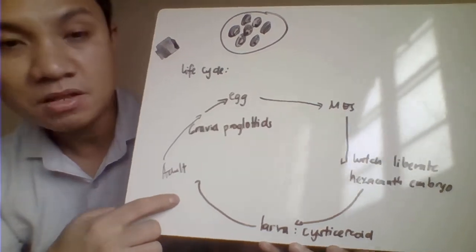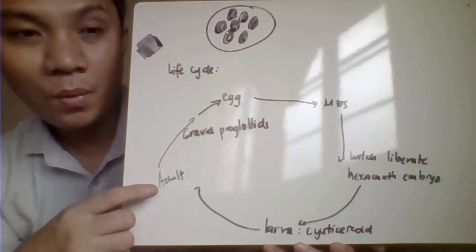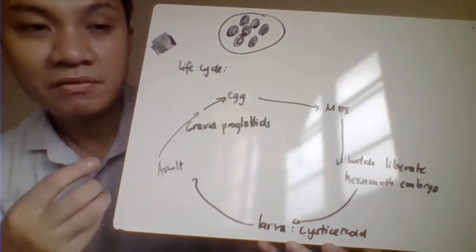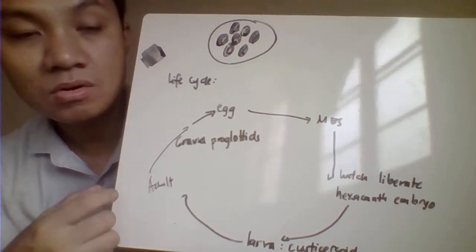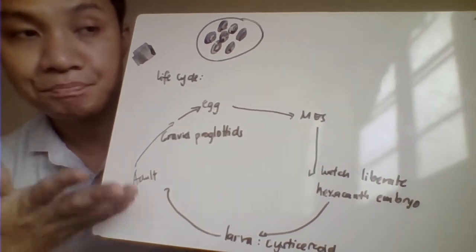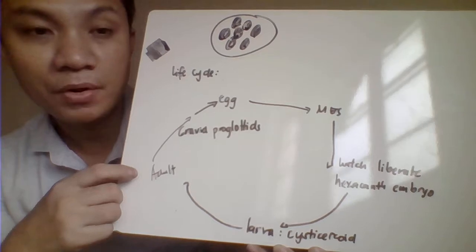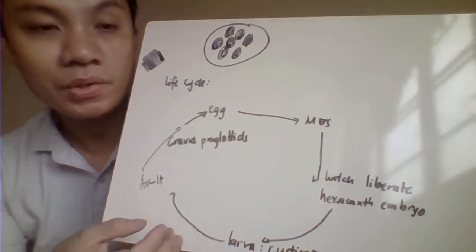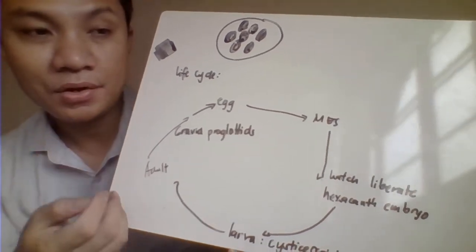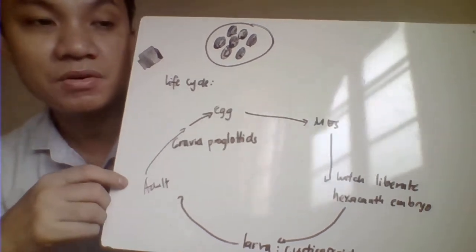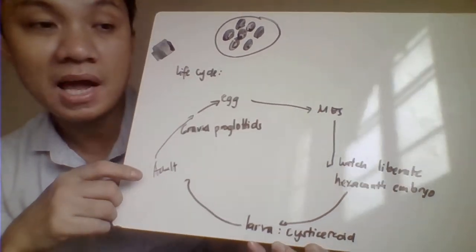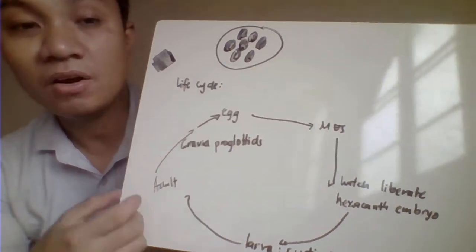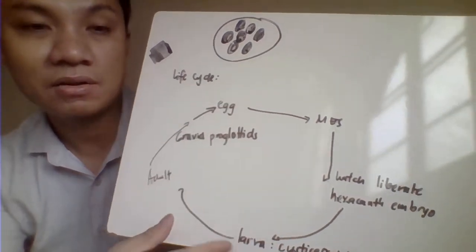Eventually it develops to become an adult worm, where they mature and self-fertilize, then develop to become the mature gravid proglottids. The gravid proglottids undergo apolysis or even rupture of the uterus to shed the egg in the feces. Then the cycle continues.